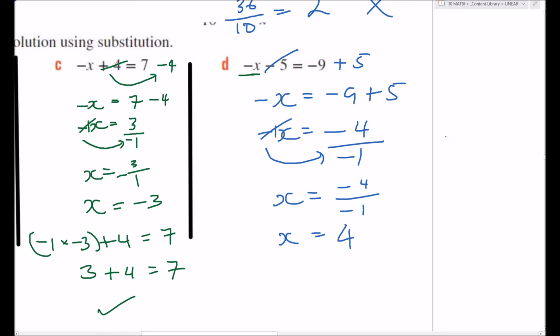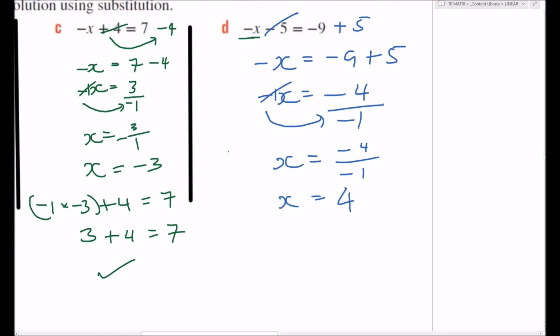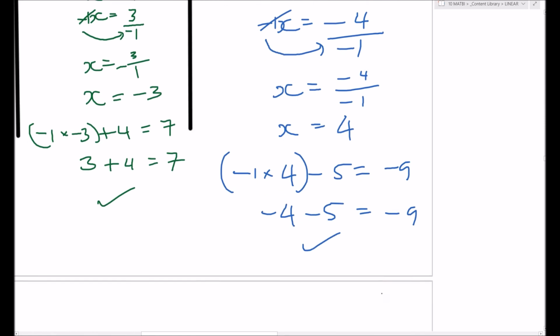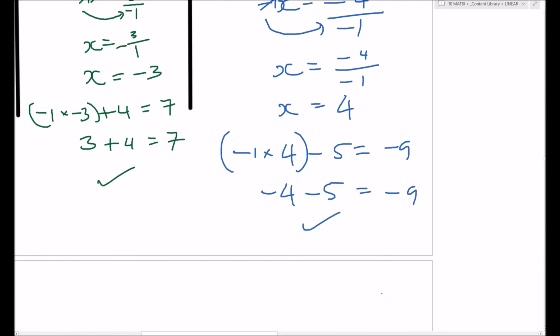Now if you substitute that 4 into this formula, this is saying negative 1 times 4, minus 5 equals negative 9. So put those in the brackets. Negative 1 times negative 4 gives you negative 4, minus 5 equals negative 9, and that is indeed correct. Negative 4 minus 5 is definitely negative 9.